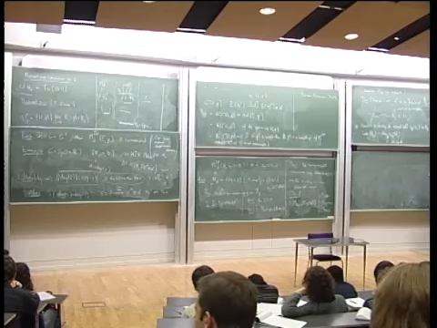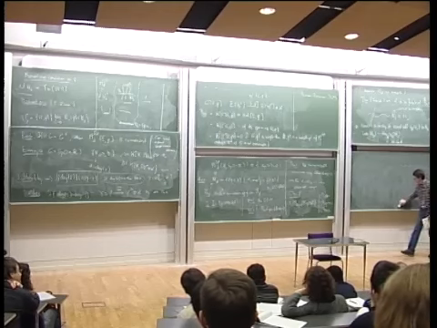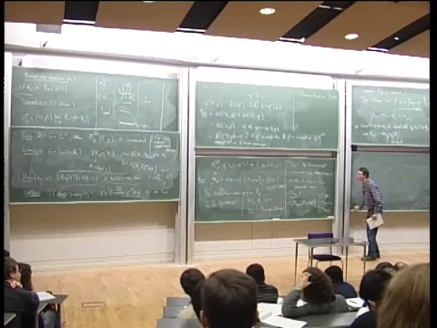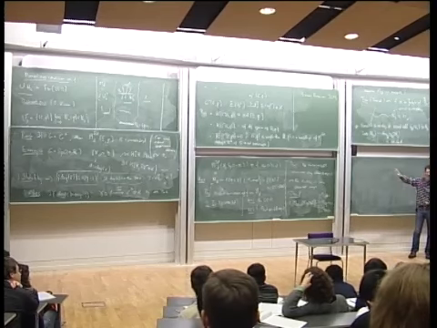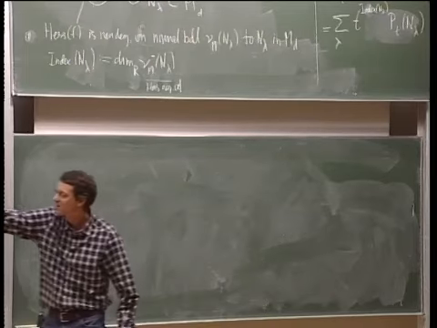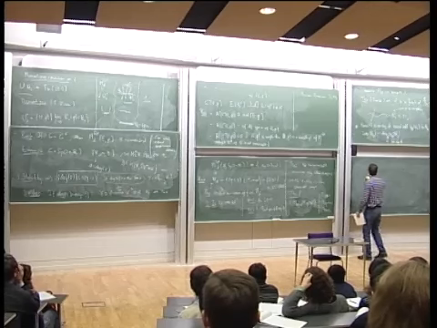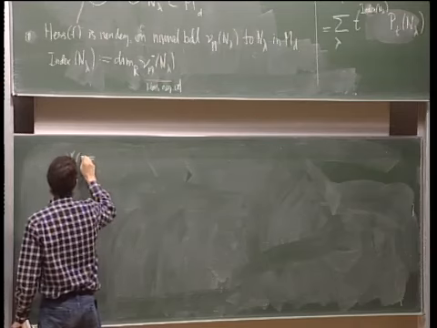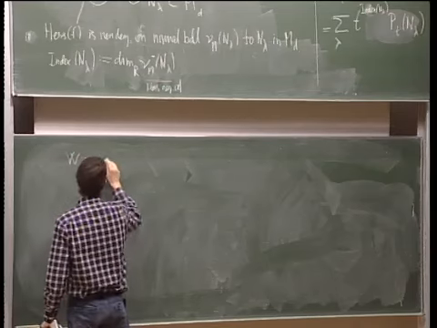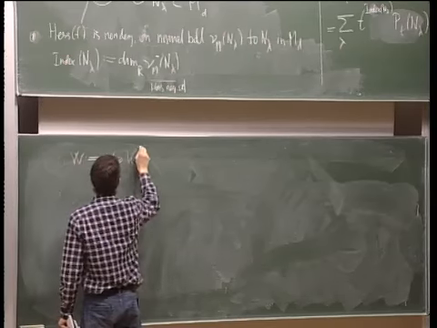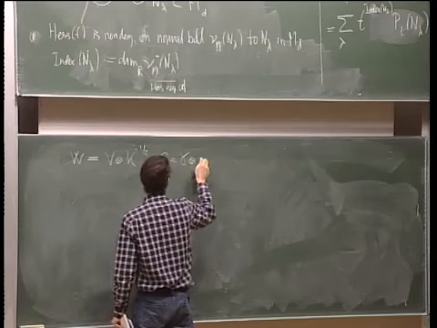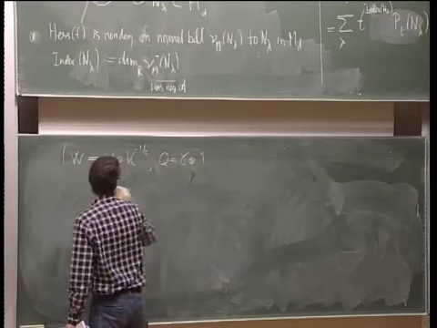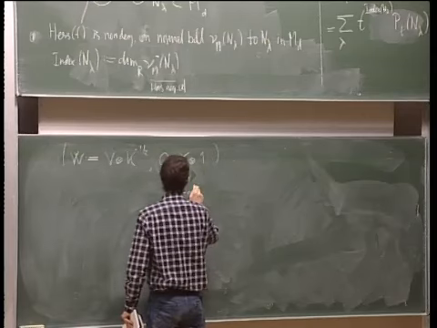I'm running out of time, so let me just elaborate, if I can have just one minute, on that remark I made before about the orthogonal bundle. If we define, in this case, W to be equal to V tensor K to the minus a half, and Q to be gamma, twisted down by some suitable thing, this is an orthogonal bundle.